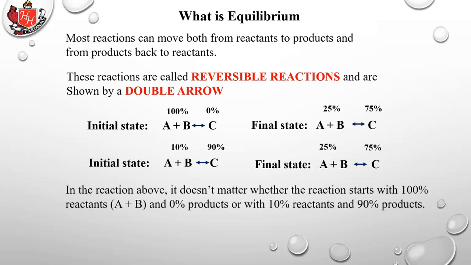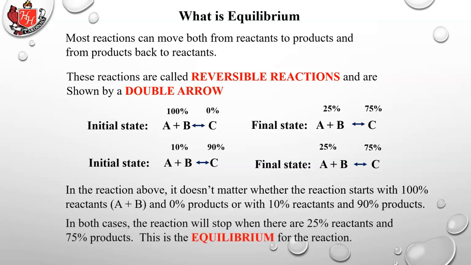It doesn't matter whether the reaction starts with 100% reactants and 0% products, or with 10% reactants and 90% products. It's going to end at the same equilibrium concentrations of reactants and products. In both cases, the reaction will stop when there are 25% reactants and 75% products. This is the equilibrium for the reaction.